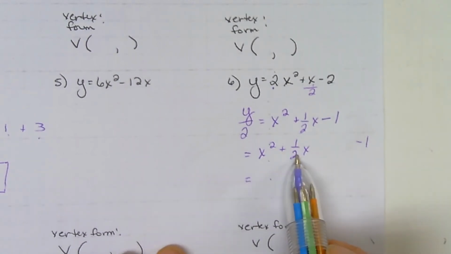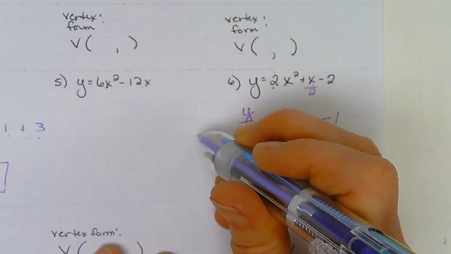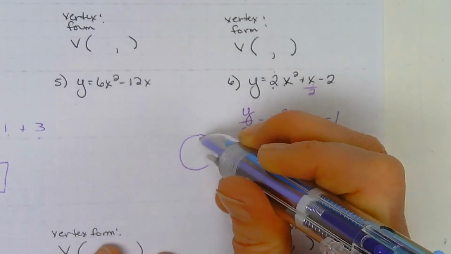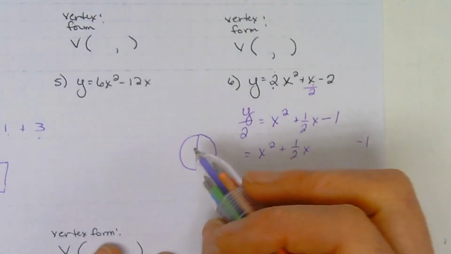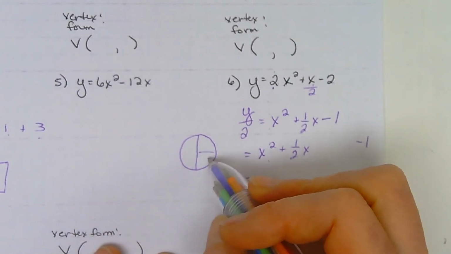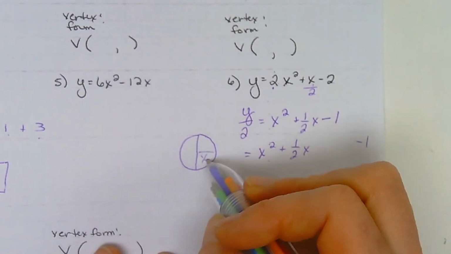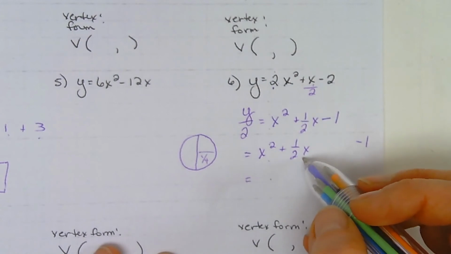What is half of a half? Well, we could look at it like this. Here's a half of a pie. What's half of that pie? Well, that looks an awful lot like 1/4 to me. So half of a half is 1/4.